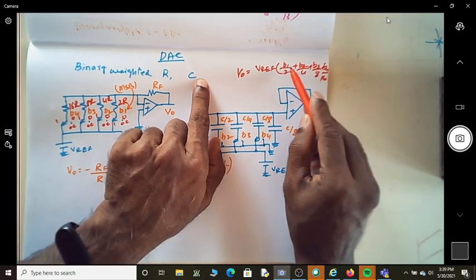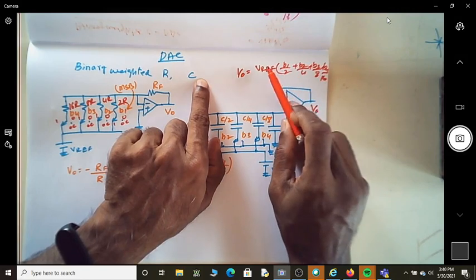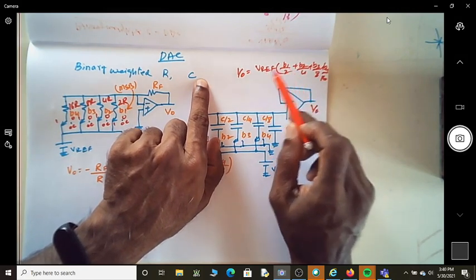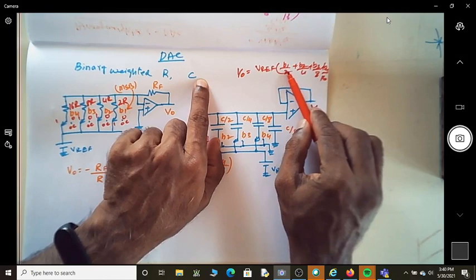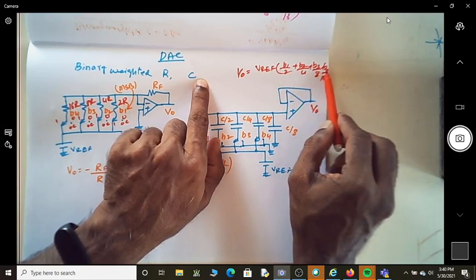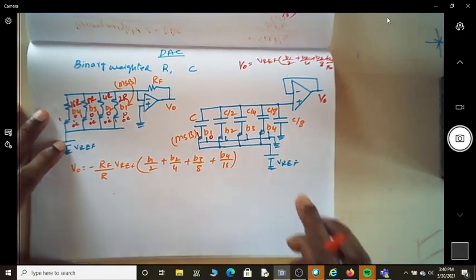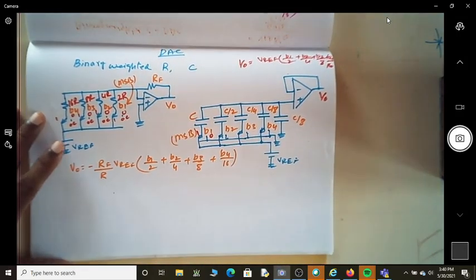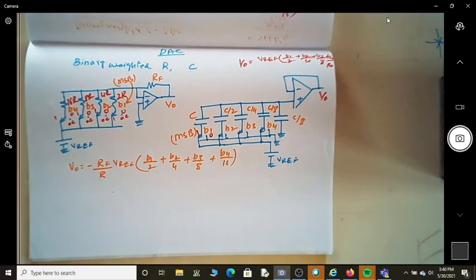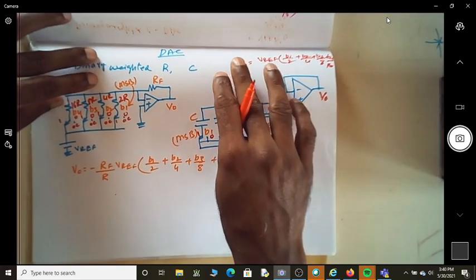The output voltage again is as per the binary weight. We have actually discussed this in detail in the previous video: how we get it as B1 by 2, B2 by 4, B3 by 8 and B4 by 16. So this way we are able to get an output voltage which is analog, equal to the digital equivalent of the input.